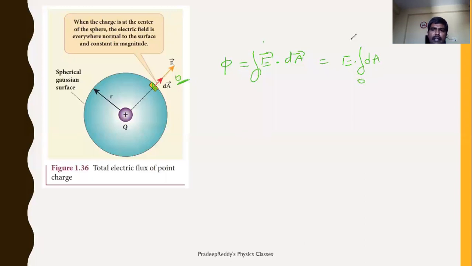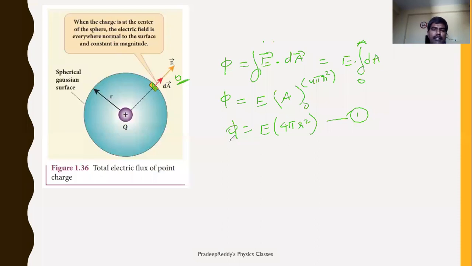And area, you need to integrate throughout the surface area. So phi will be equal to E times integral of dA, which is A. The total surface area is 4 pi r square. So phi will be equal to E into 4 pi r square. This is equation number 1, right? So electric flux is calculated as phi is equal to E into 4 pi r square.